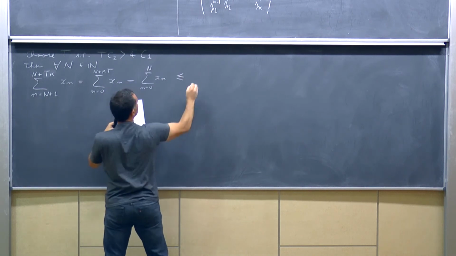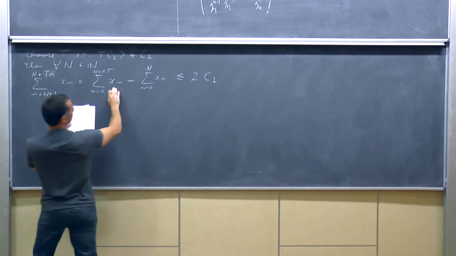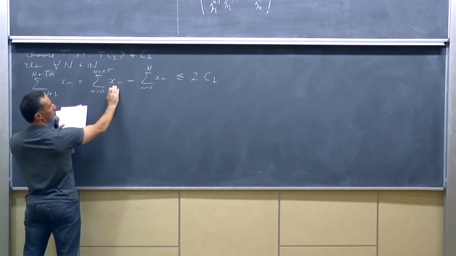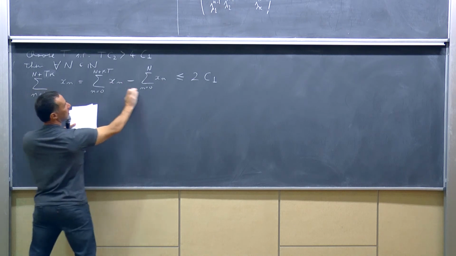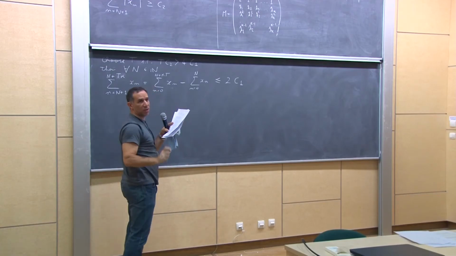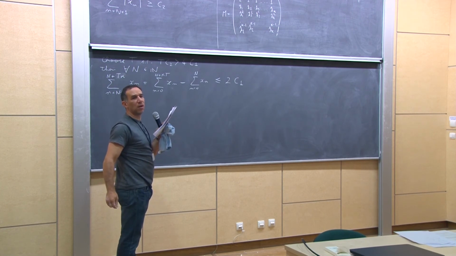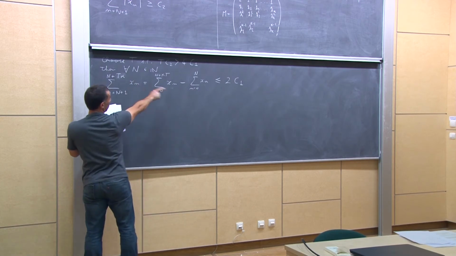And I claim that this is at most 2C1, because that's a running sum of x n, and that's another running sum of x n. And I know in absolute value, these guys are bounded above by C1. So I've got two of them, so this thing is bounded above by 2C1.